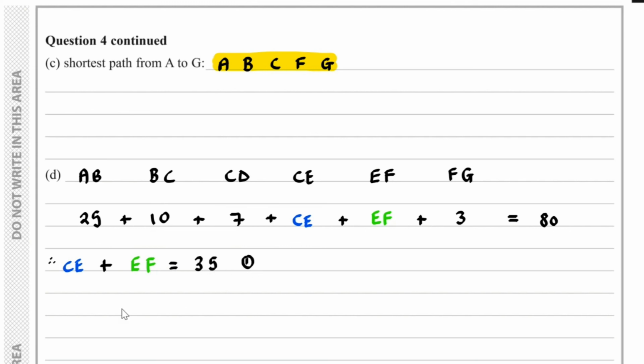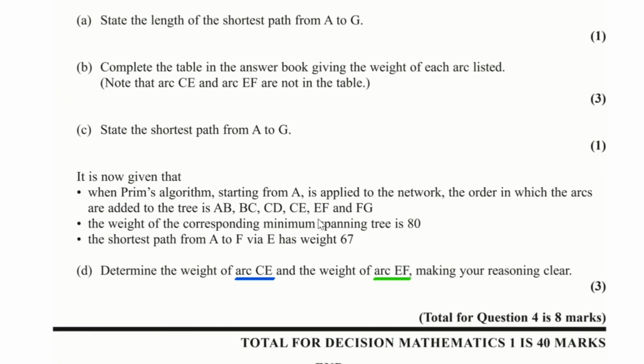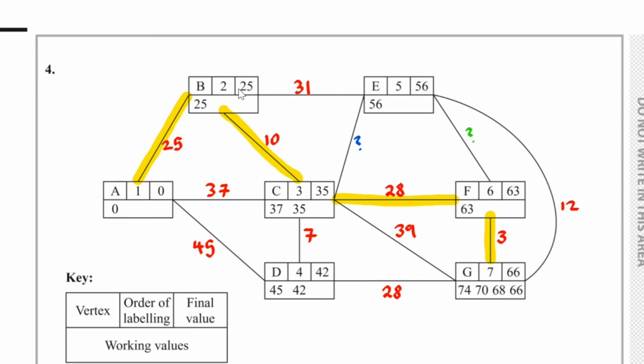Call this equation 1. And from the question, I also know that the shortest path from A to F via E has weight 67. So how could I get there? Well, I need to select everything in the shortest possible way.